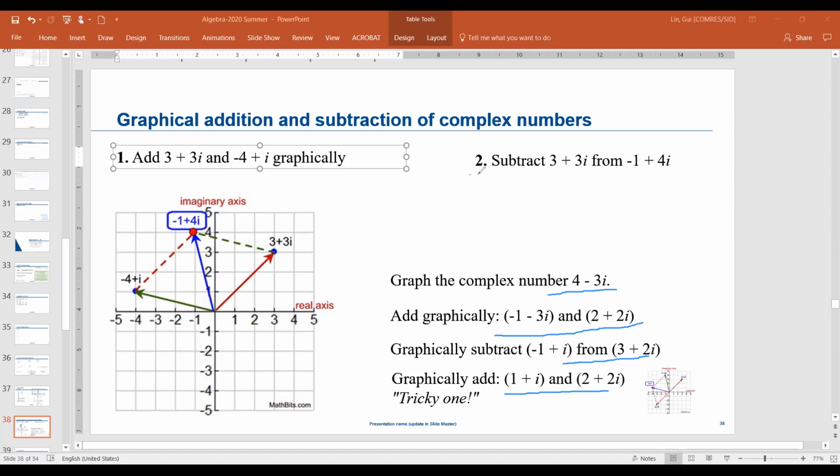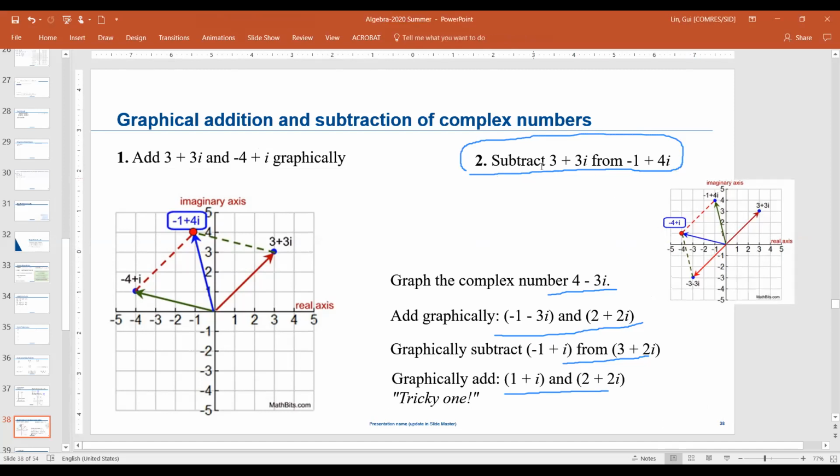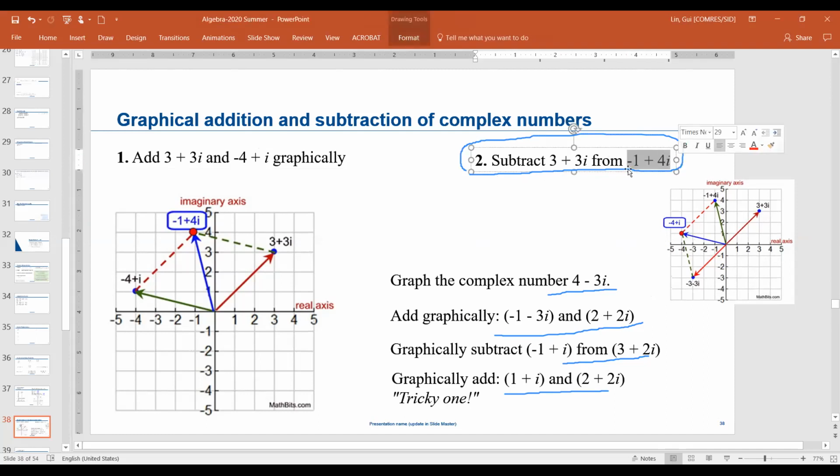Actually I also drew this one as well. I ask you to subtract two complex numbers. This complex number minus this one.